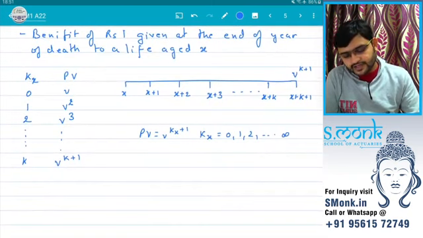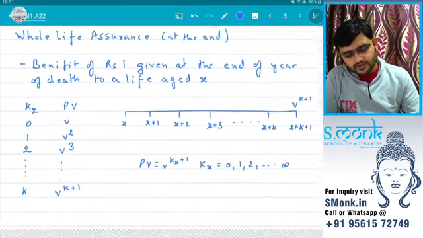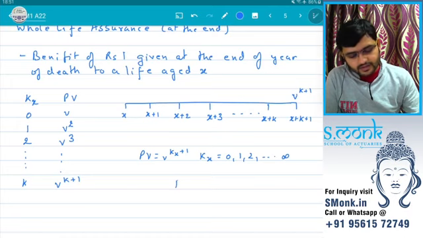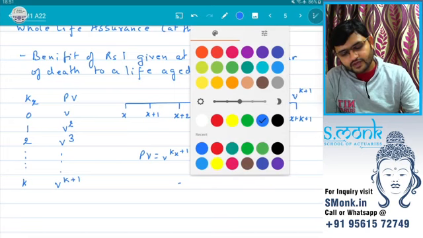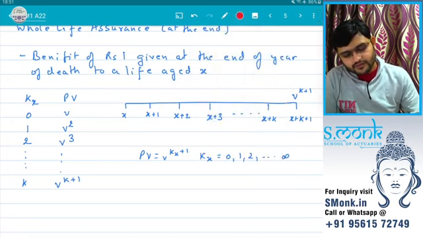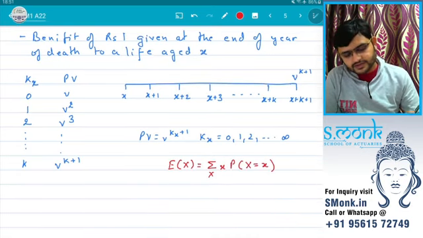So we calculate expected present value. We know the formula for expected value of X is the summation, for all values of x, of x into probability X is equal to the value x, right?